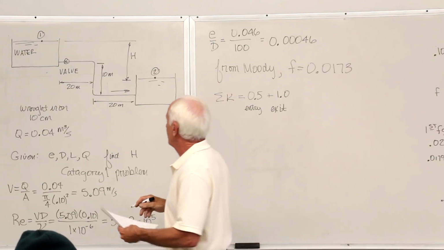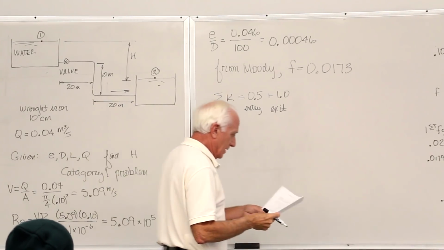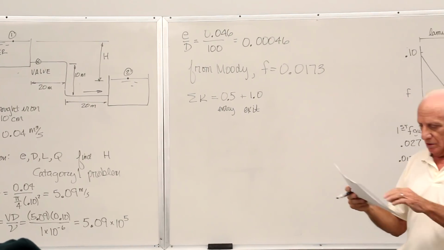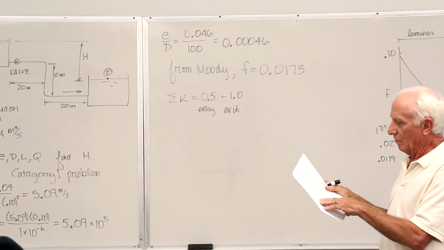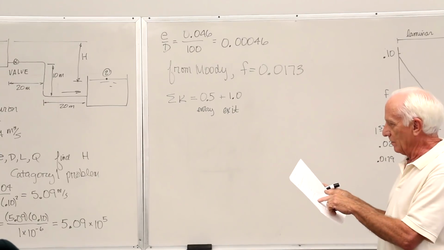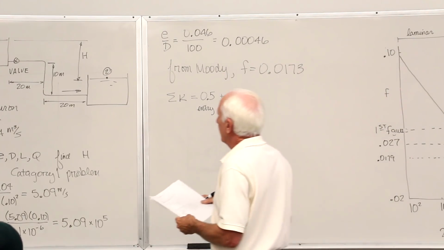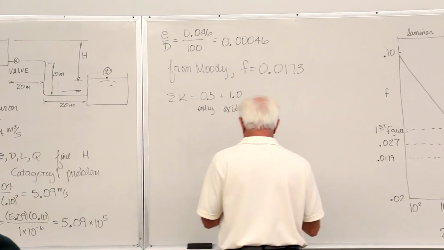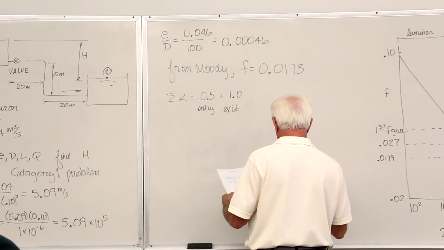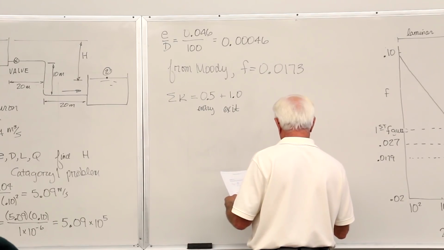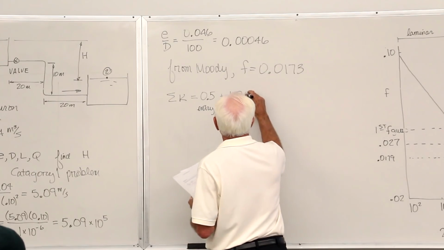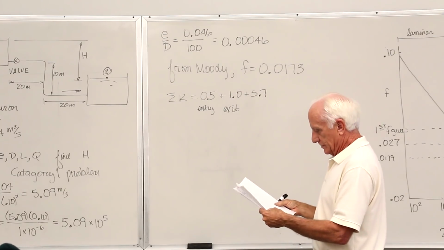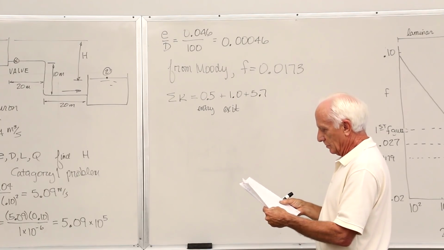We were told the valve was a screw globe valve, so go to our table, screw globe valve, wide open. The pipe diameter was 10 centimeters, so the globe valve fully open is 5.7.